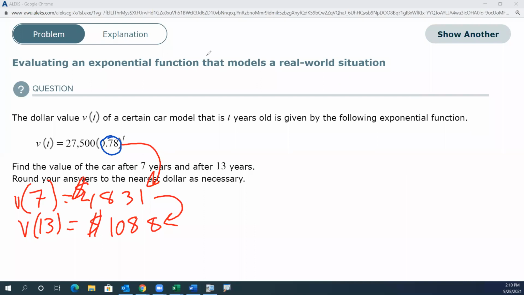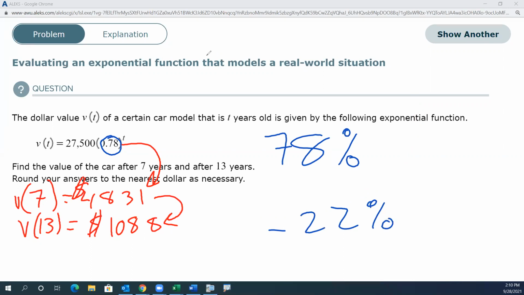But that number tells you what percent of the original amount you're going to end up with each year, or each hour or month, or whatever the time unit is. So it says you're going to end up with 78% of what you started with. After 1 year, you end up with 78% of that. After another year, 78% of that. So if you end up with 78%, you are losing 22% every year of whatever the current value is.